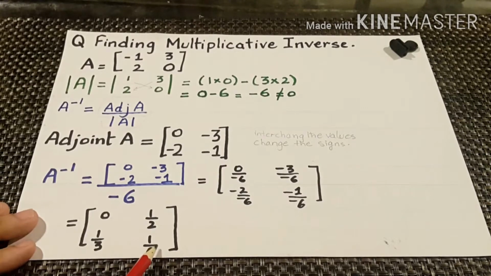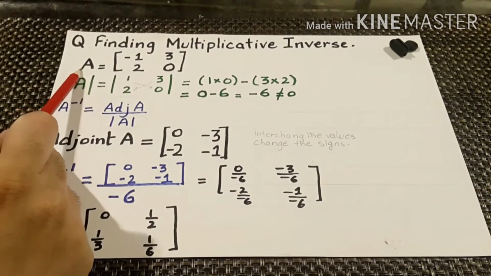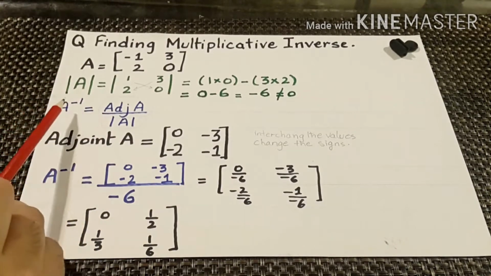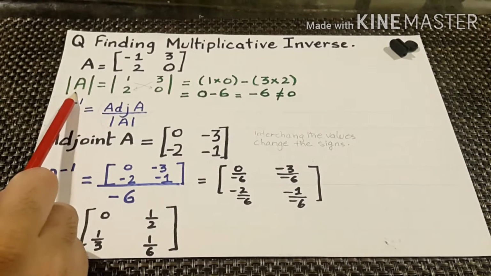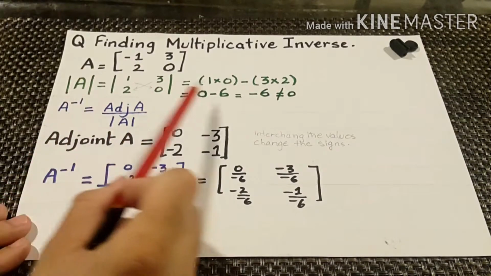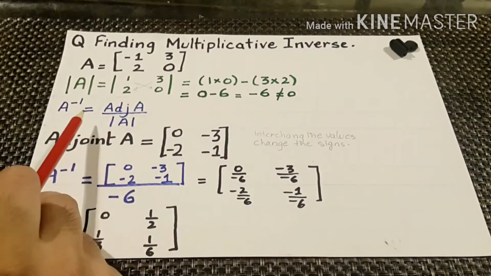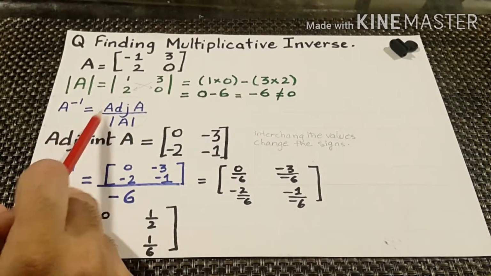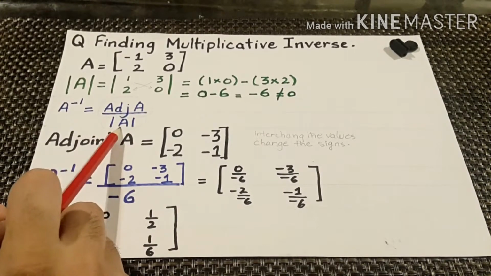In this way we have found the multiplicative inverse of matrix A by using the process that first we find the determinant. If the determinant is any number which is not equal to 0, this means that its inverse exists. The formula for inverse is adjoint of the matrix divided by determinant of the matrix.